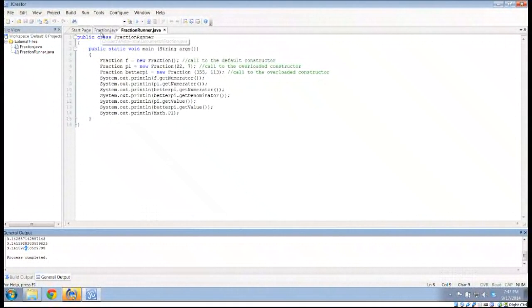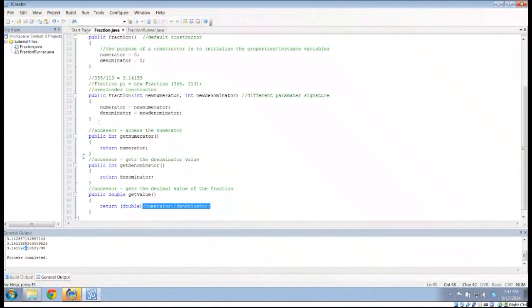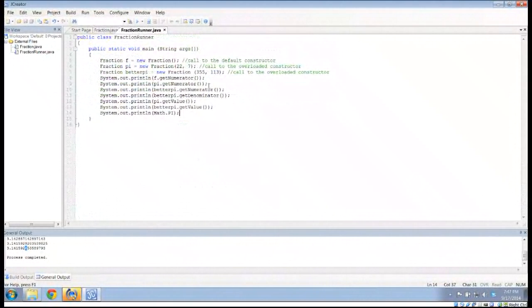There's one other accessor that I want to do for this fraction class, because it would be very convenient if I could just go over here and say, hey, system.out.println pi. Just print out pi.